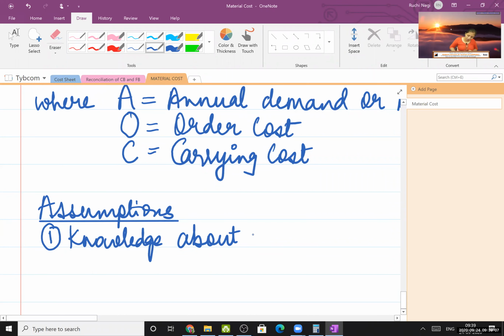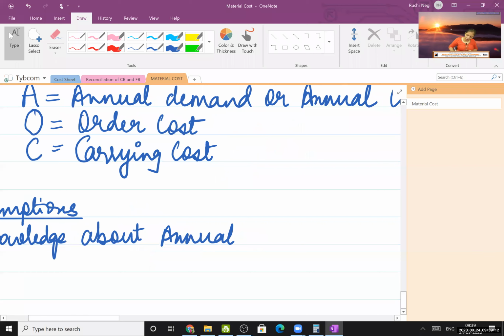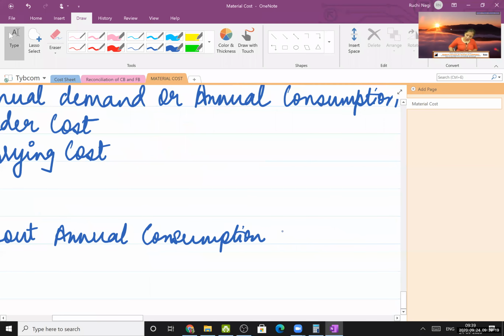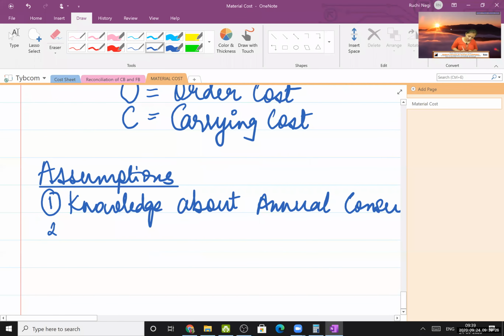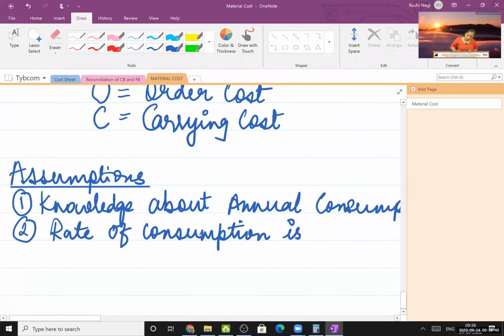Knowledge about annual, you know how much annually raw material is needed, or stock. Next, rate of consumption is constant.